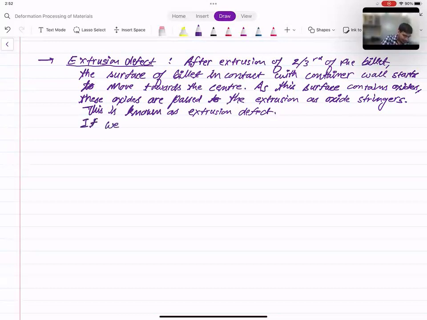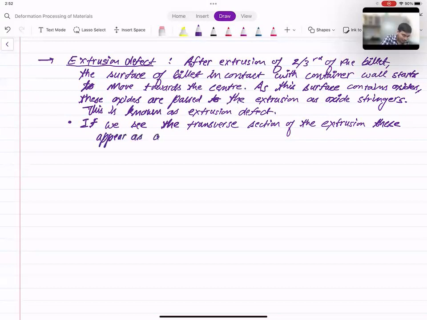If we see the transverse section of the extruded product or extrusion, these appear as annular rings.